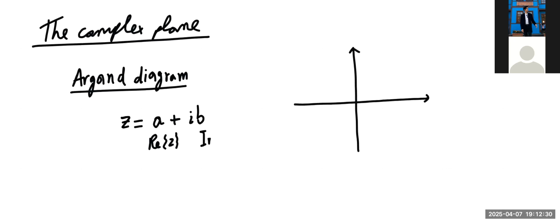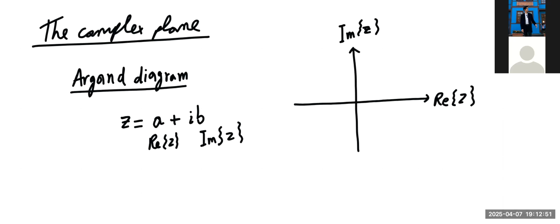So what we do is we put the real part of z as a number line on the x-axis, the horizontal axis, and the imaginary part of the complex number on the y-axis.